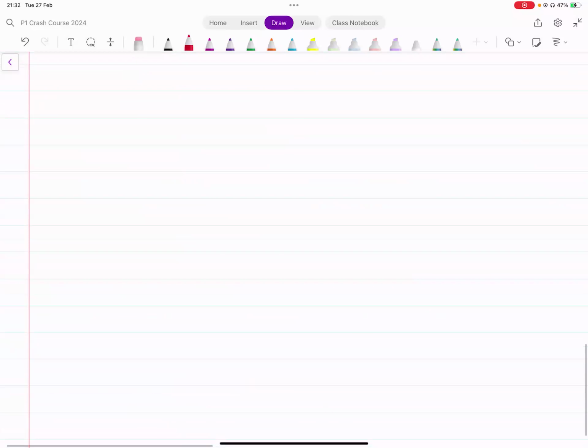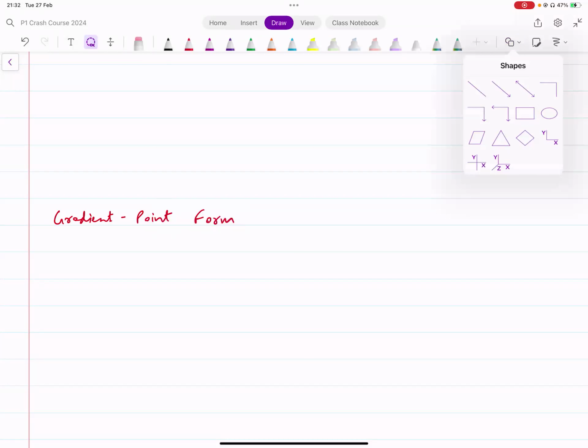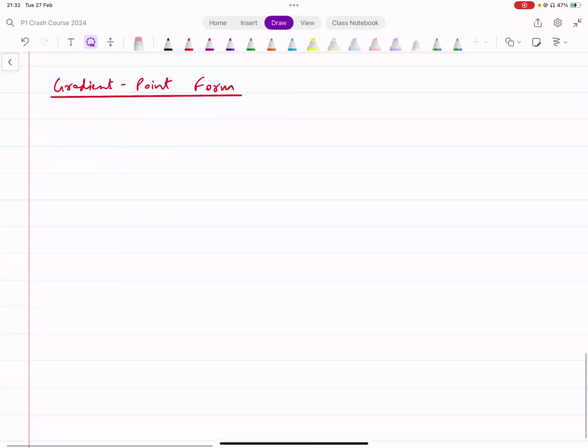That form is called gradient point form. The earlier form was gradient intercept form. In that case, we needed the gradient of the line and the y-intercept, right?